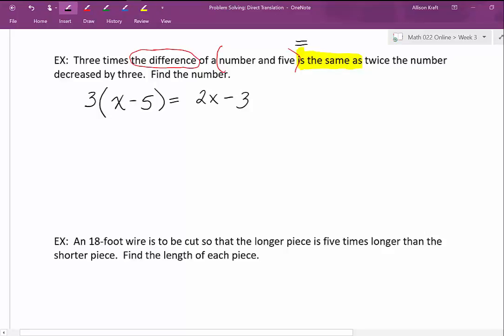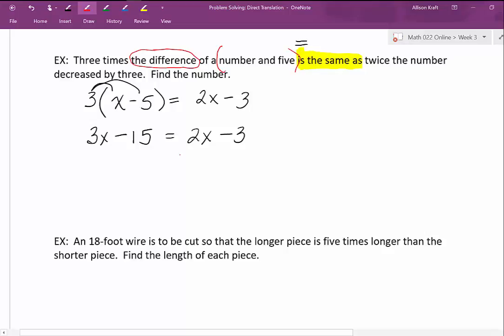Now we have an equation to solve. The first thing we want to do is eliminate our parentheses by distributing. 3 times x is 3x. 3 times minus 5 is minus 15. We have no fractions to eliminate, no like terms to combine. Let's get our variable terms on one side and our constant terms on the opposite side.